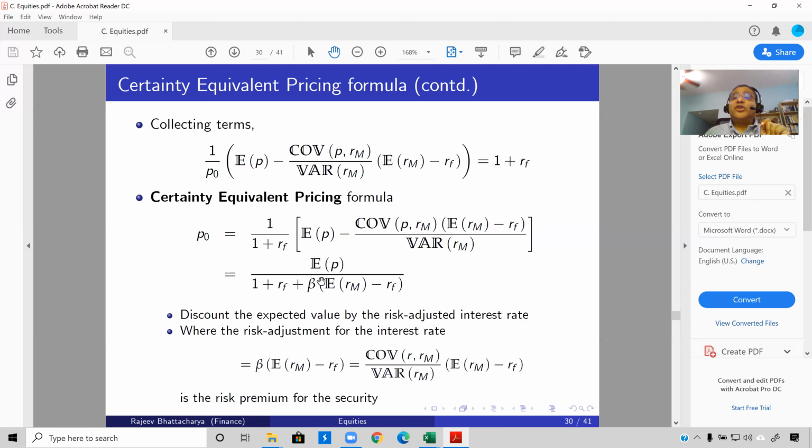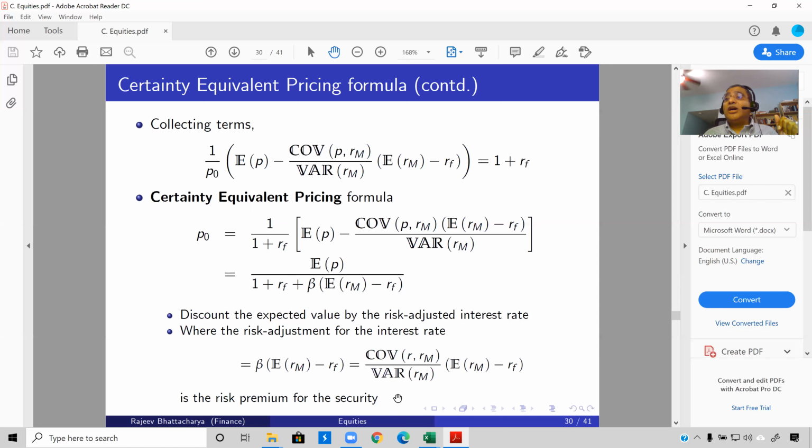Okay, if for instance this did not have any risk, then beta would be equal to 0. In that case, the risk adjustment that you're putting in would be exactly equal to 0. For a riskless asset, the discounting that you need to do is simply to divide by 1 plus RF, which is 1 plus the risk-free rate. Excellent.